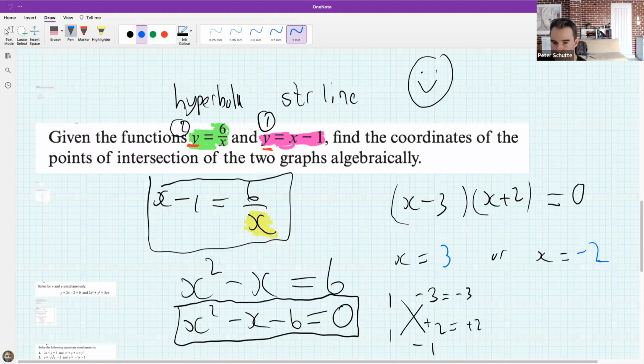Sir, before you continue, I still don't understand how you got the x minus 1 equals 6 over x. Okay, that's what's called the substitution step. Can you see that both equations have y's? Yes, sir. And so what we can do is we can equate these by saying, look, if y equals 6 over x, then these two y's are the same.